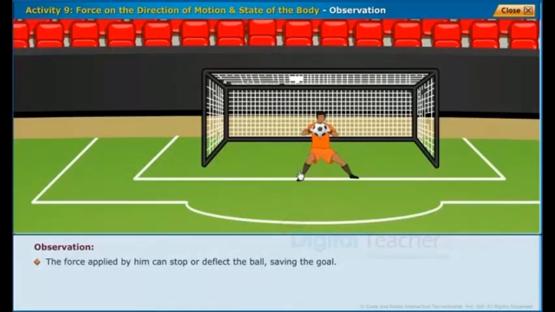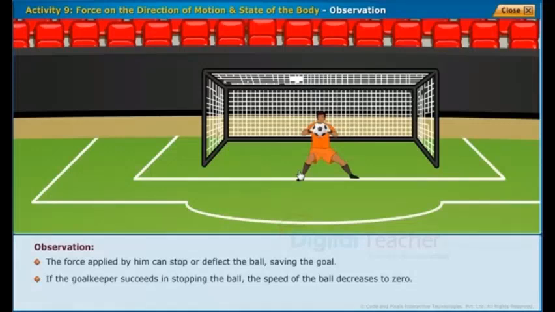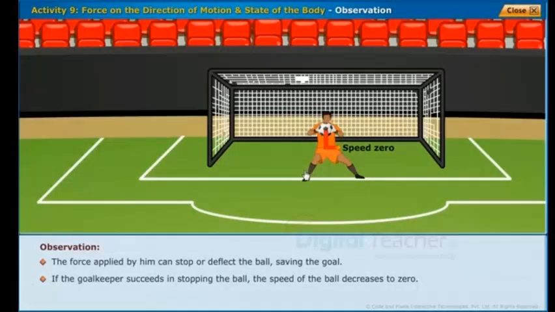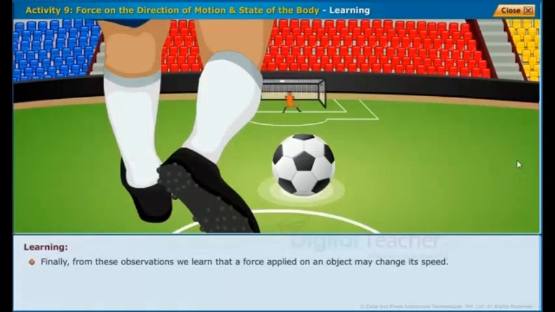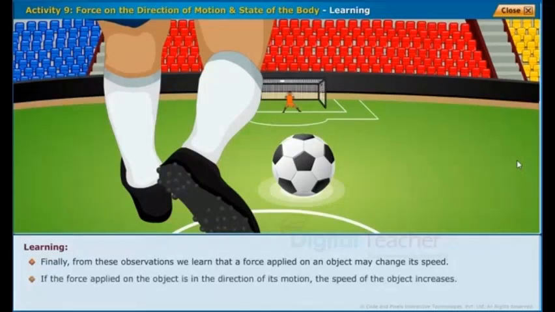The force applied by him can stop or deflect the ball, saving the goal. If the goalkeeper succeeds in stopping the ball, the speed of the ball decreases to 0. By this activity, we learn that a force applied on an object may change its speed.